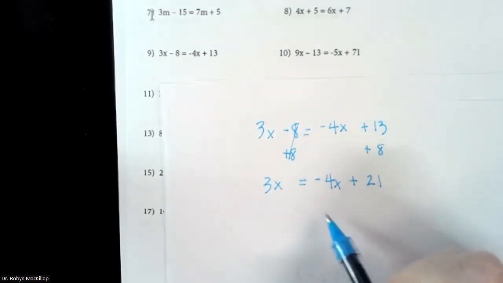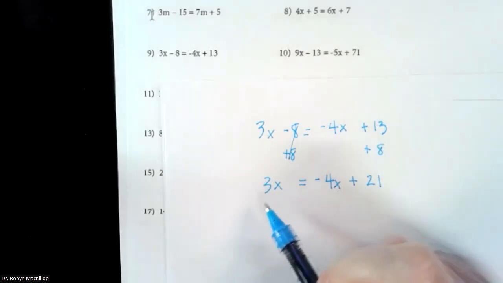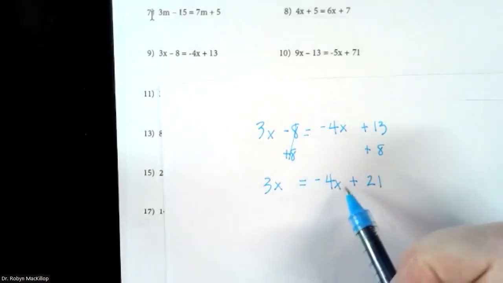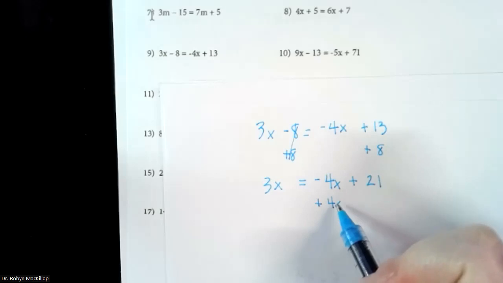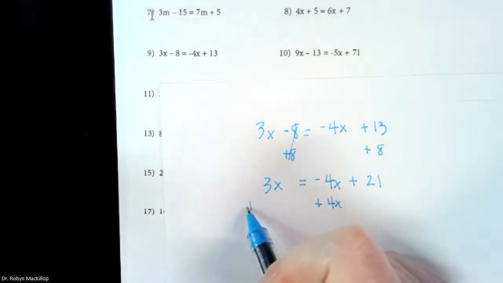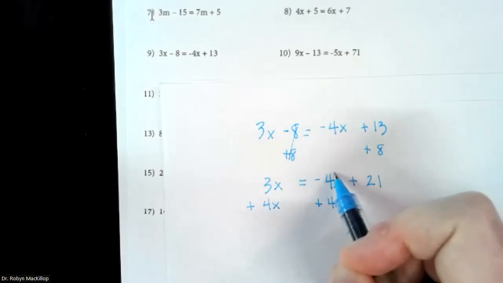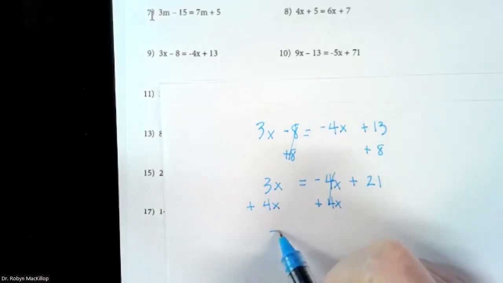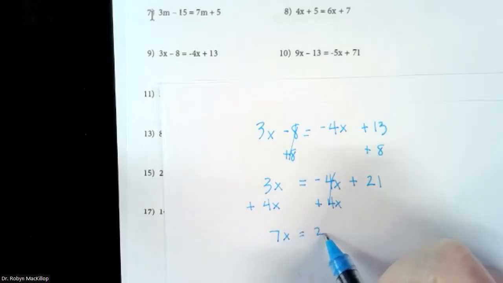So now we have to get rid of the negative 4x because we only have a 3x over here. We have to leave it there. So we're going to get rid of negative 4x by adding 4x to both sides. This is gone. Now we have 7x equals 21.